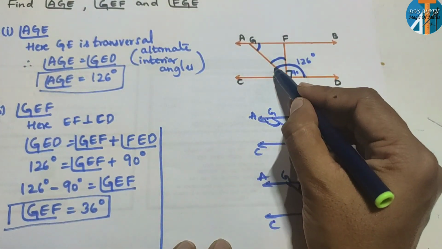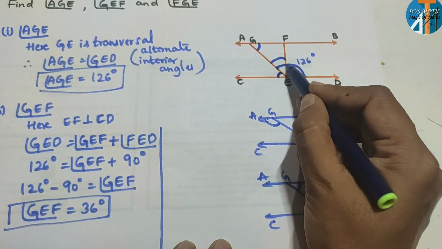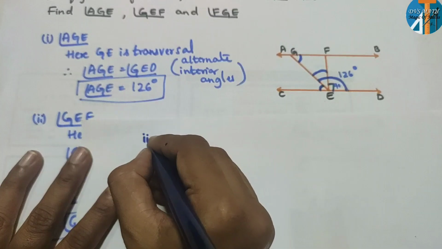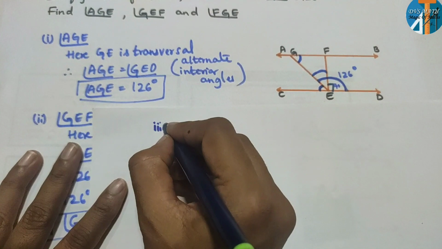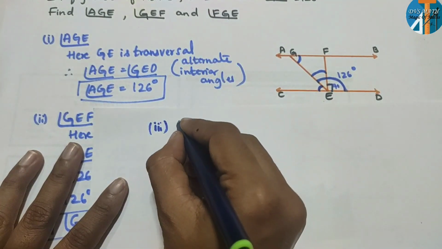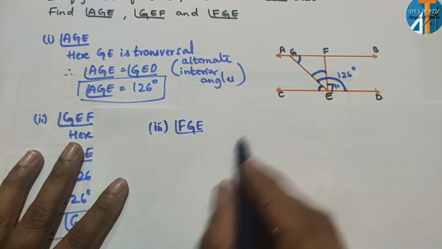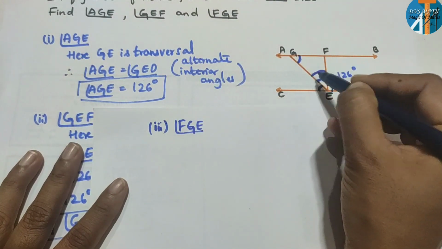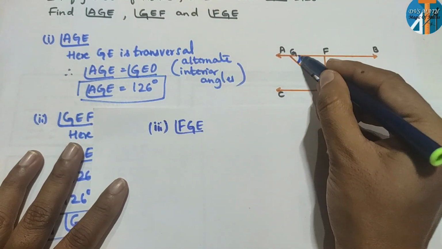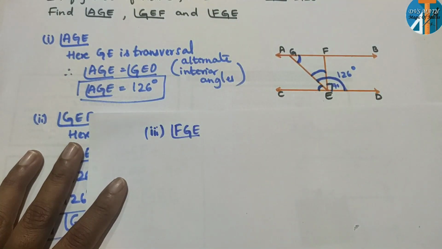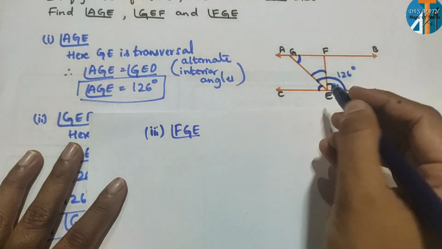How to find it? The sum of all these angles is equal to 180 degrees, right? Which are those three angles? You can observe here. The third one, that is, you have to find FGE. This FGE, this angle you have to find. For this, let us add these angles. That is GEC.